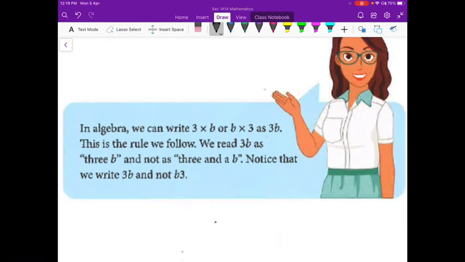You can write 3 times B or B times 3. Answer is 3B. You cannot write B3. It must be 3B. For those Chinese, 3个 B. Malay language, 3个 B. There are 3 of them.